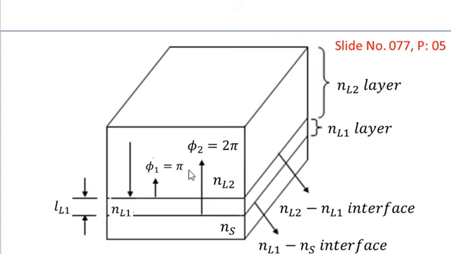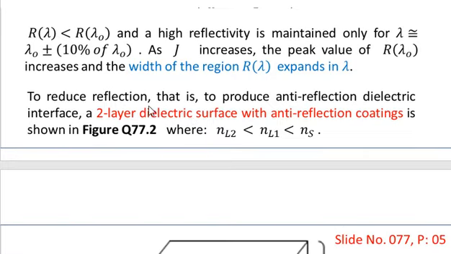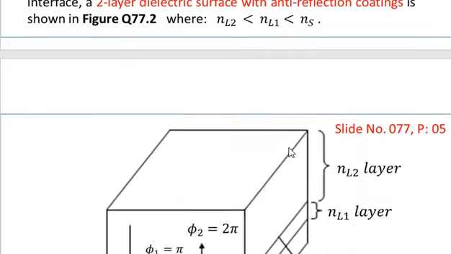Due to destructive interference in the region NL2, of course there will be a cancellation, and the reflection back into this region will be much smaller. To reduce reflection, that is, to produce an anti-reflection dielectric interface, a two-layer dielectric surface with anti-reflection coating is shown in figure number 2, where NL2 is less than NL1 and NL1 is less than NS.